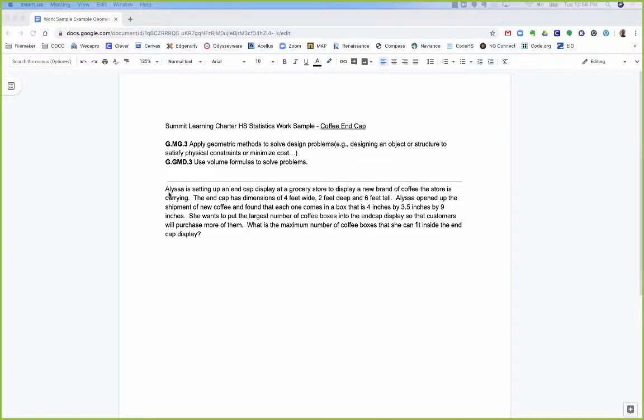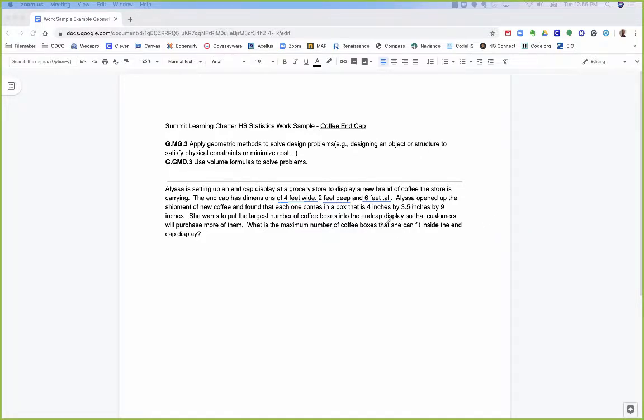So here's the problem. Alyssa is setting up an end cap display at a grocery store to display a new brand of coffee the store is carrying. The end cap has dimensions of 4 feet wide. Underline that, seems important. 4 feet wide, 2 feet deep, and 6 feet tall.